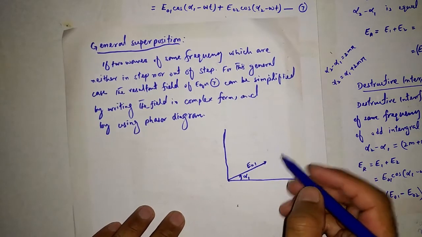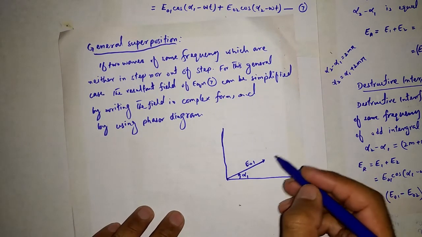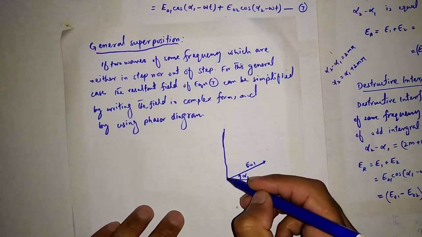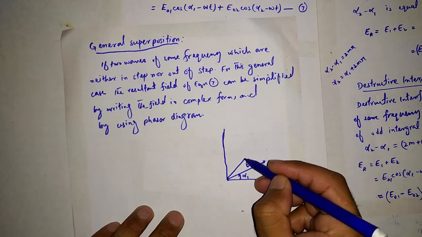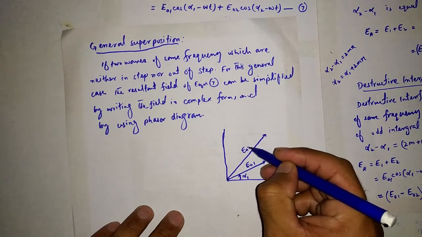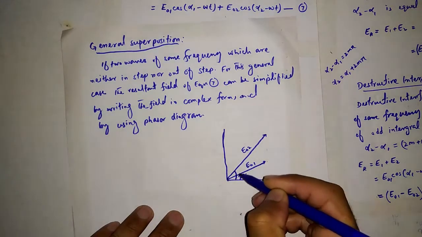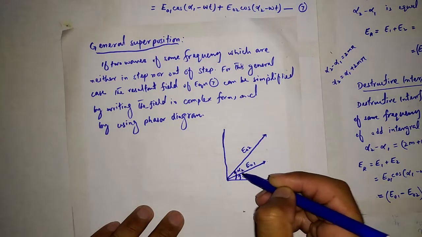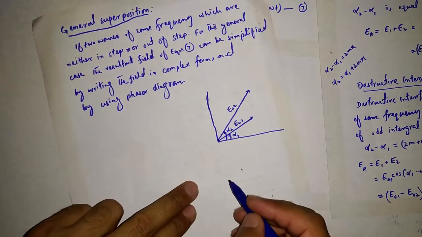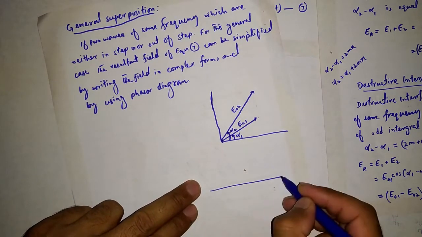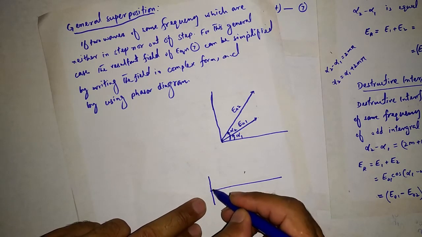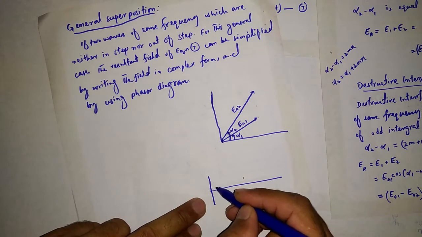And the second wave, let me write here, the second wave has amplitude E02 and it has an angle alpha 2, which is its phase. I have told you that this is the reference plane.